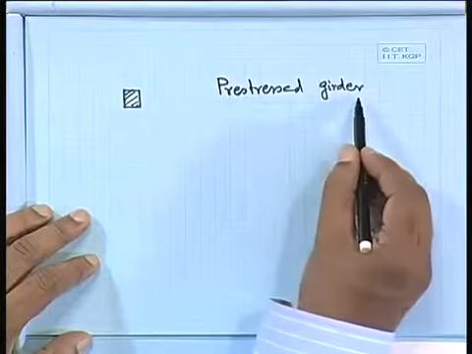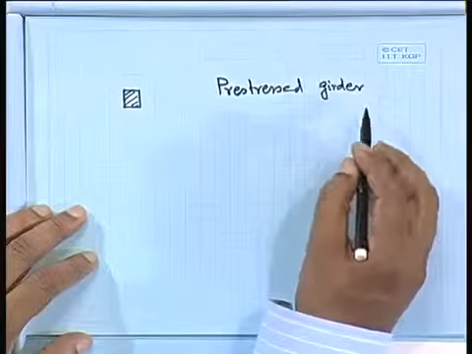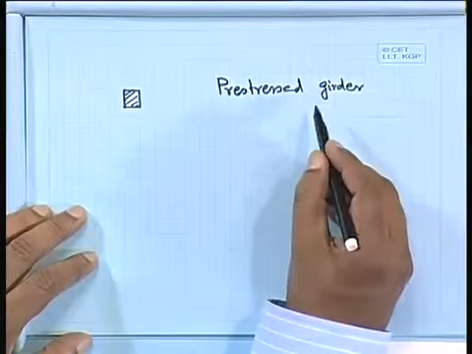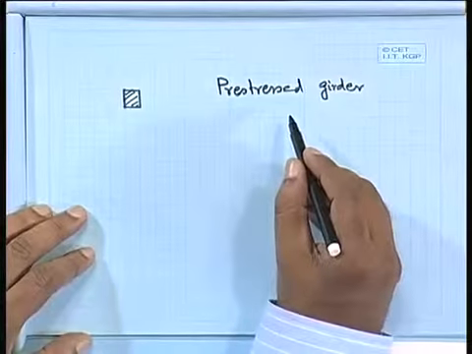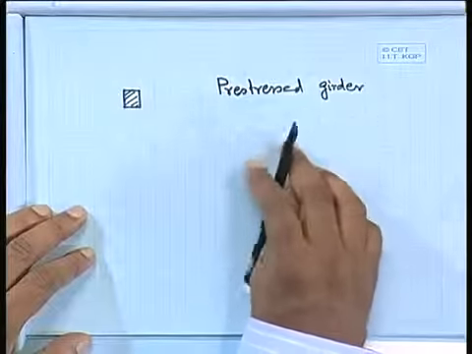This pre-stressed girder we can make outside. Pre-stressing means, I can show you an example. Let us say there is a stack of books, one after another.